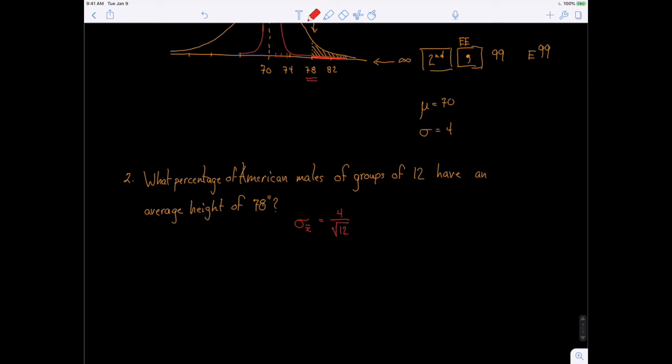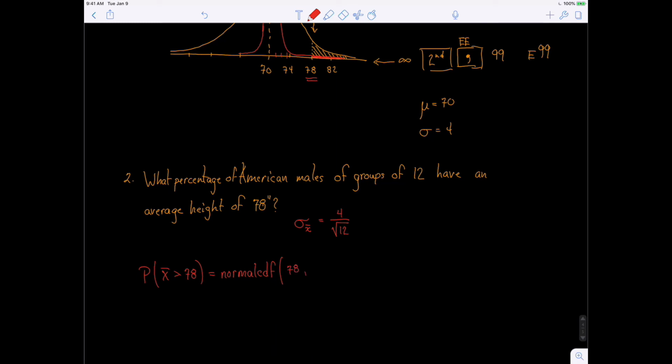So let's do this in your calculators. To find the percentage of the population where the average x bar is greater than 78, we're going to use normal CDF. And you should try this. Again, nothing changes. Our lower bound is 78.